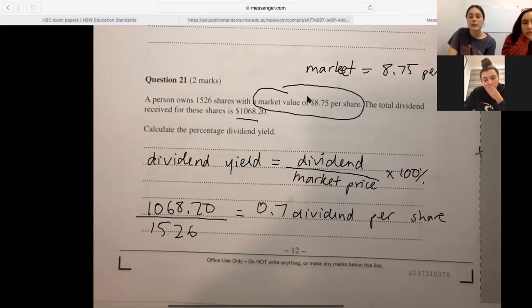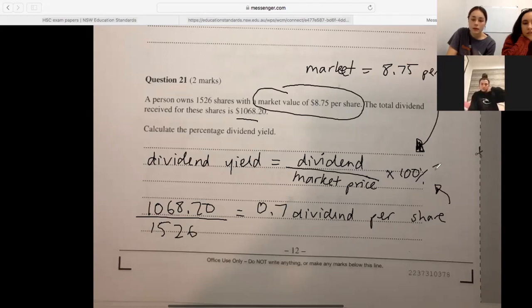So it's similar to that. Because the market is in per share, we have to make sure the dividend is in per share as well. Okay. And so once they're in the same units of per share, then you can sub into the formula.